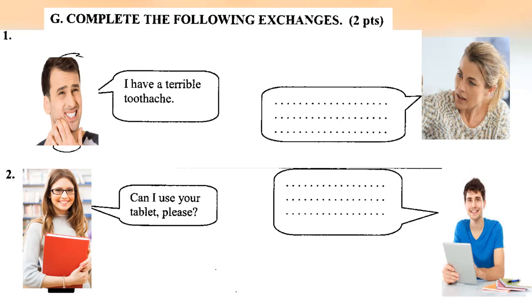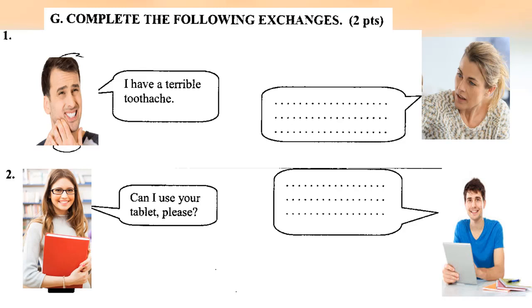Next, the last exercise in functions is about completing the following dialogues or exchanges. Bear in mind that there is no clear-cut answer, and we can have varied answers. Means teachers or correctors of the exam, they should accept whatever you write, provided it is relevant to the context.